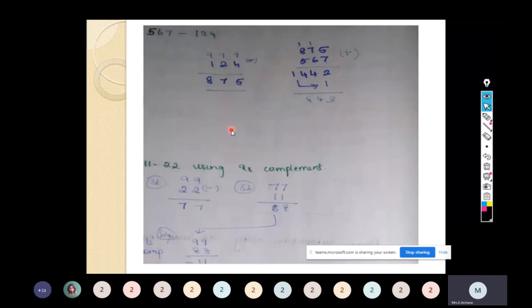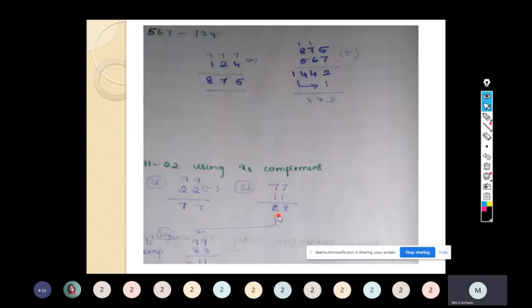When it gets reversed, see here, 11 minus 22 using 9's complement. First, we have to take 9's complement for 22. So 99 minus 22, the answer will be 77. Add A with the complemented result. A here is 11. The complemented result is 77. So 77 plus 11, we get 88.